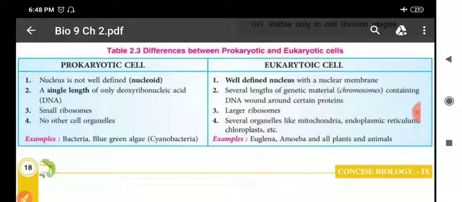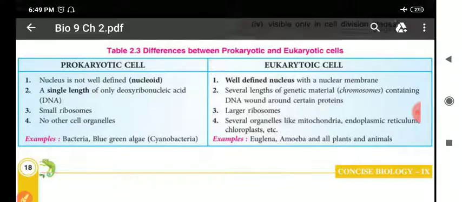Eukaryotic cell has larger ribosomes. Prokaryotic cell has no other cell organelles. It means cell organelles are absent in the prokaryotic cell. In eukaryotic cell, several cell organelles are present like mitochondria, endoplasmic reticulum, chloroplast, etc. Clear?